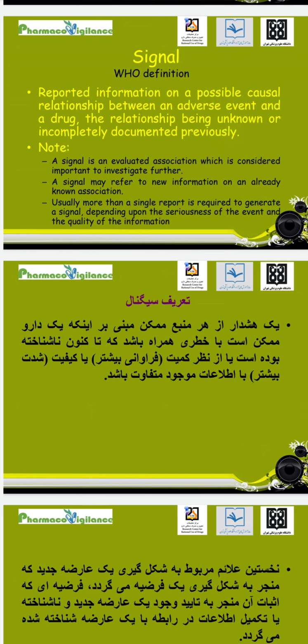In this page it is explained that the signal is a warning from every source that may be the probability this drug may have a dangerous effect that is unknown.